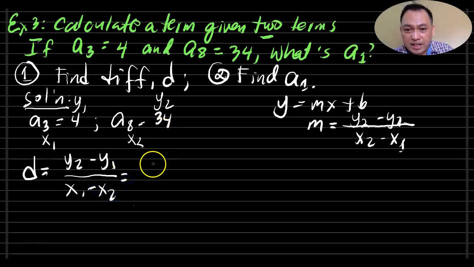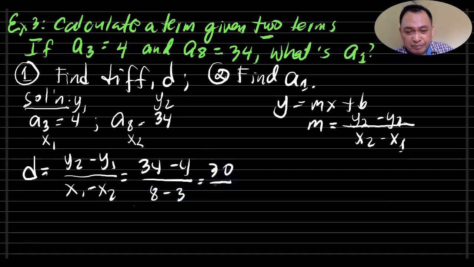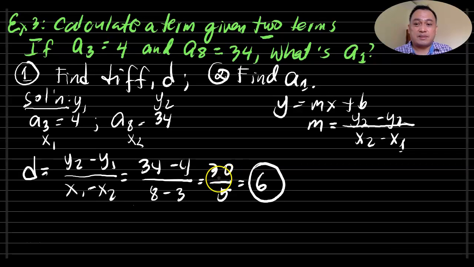So let's put that in. That's 34 minus 4 over 8 minus 3, which gives you 30 over 5, which is 6. So your difference is 6.